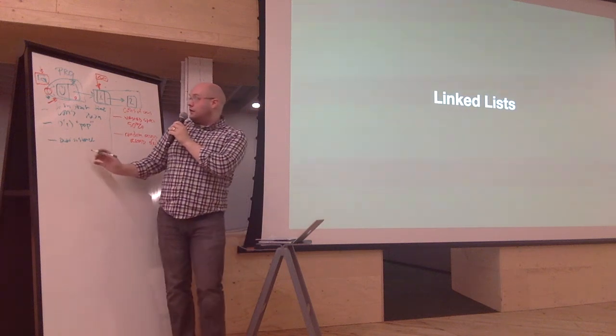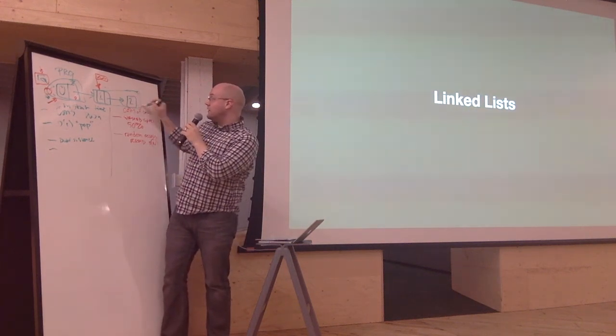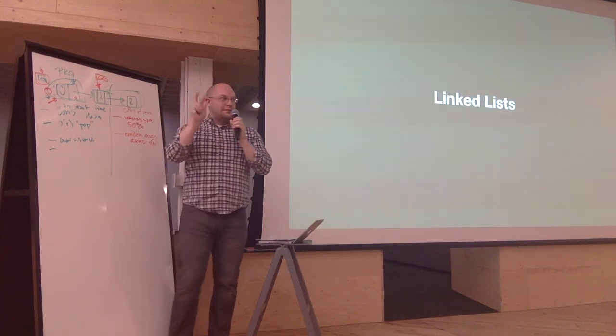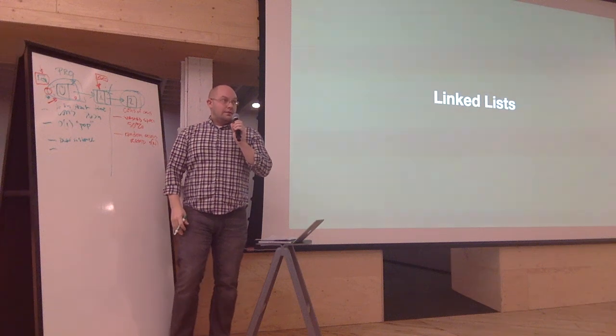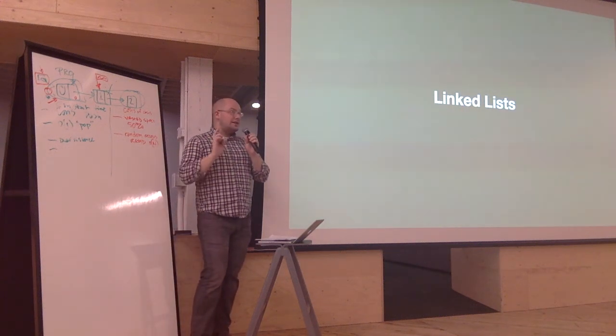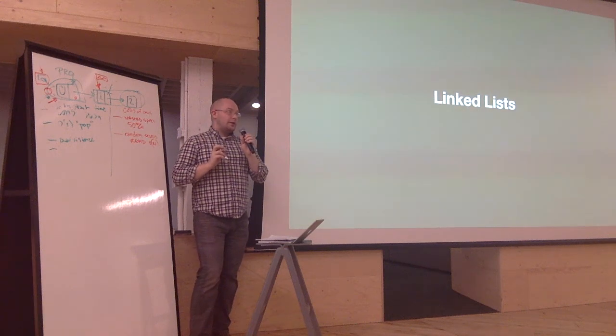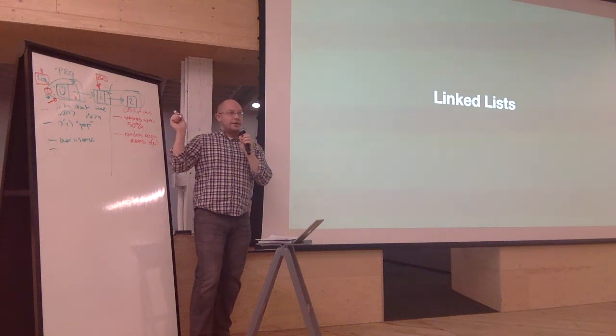Okay. There's a couple other important pros and cons. Linked lists are easy to allocate because we're always just allocating little tiny blocks of size 2, whatever that means in your particular system. Okay. They are simple to implement and they are easy to garbage collect, but fairly time expensive to garbage collect because we do have to walk the entire list marking everything in it. Does that make sense?